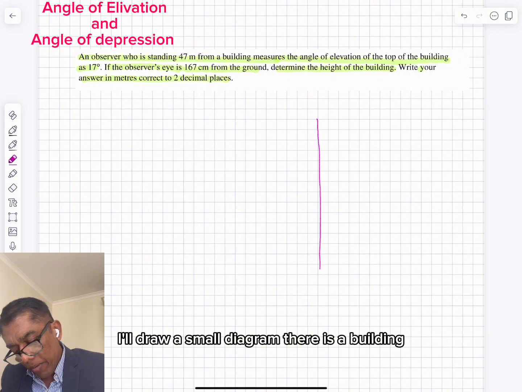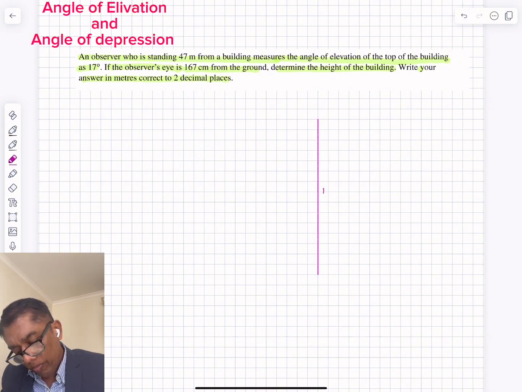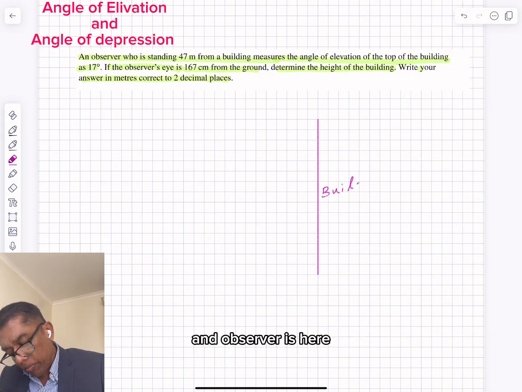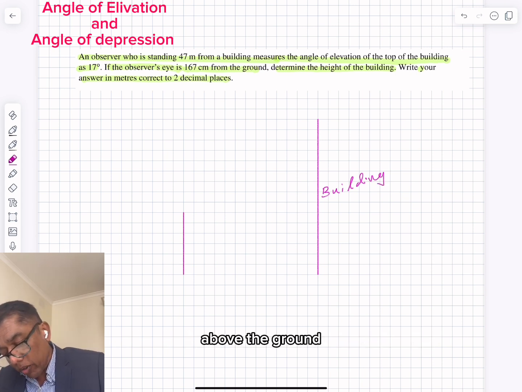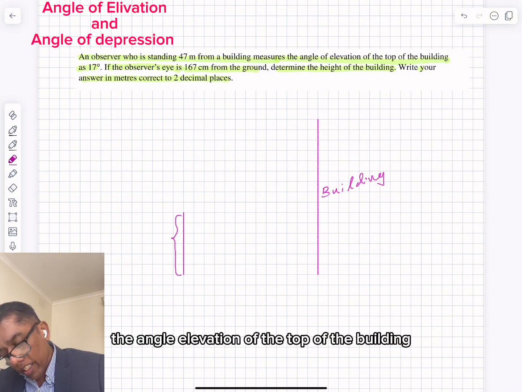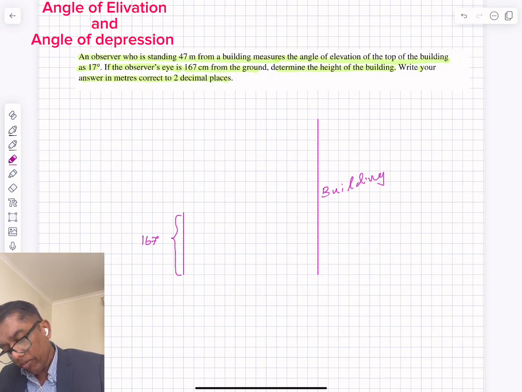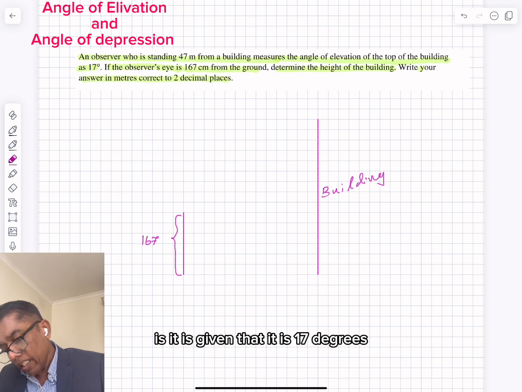There is a building. An observer is here. His eye level is 167 centimeters above the ground. The angular elevation of the top of the building is, it is given that it is 17 degrees.